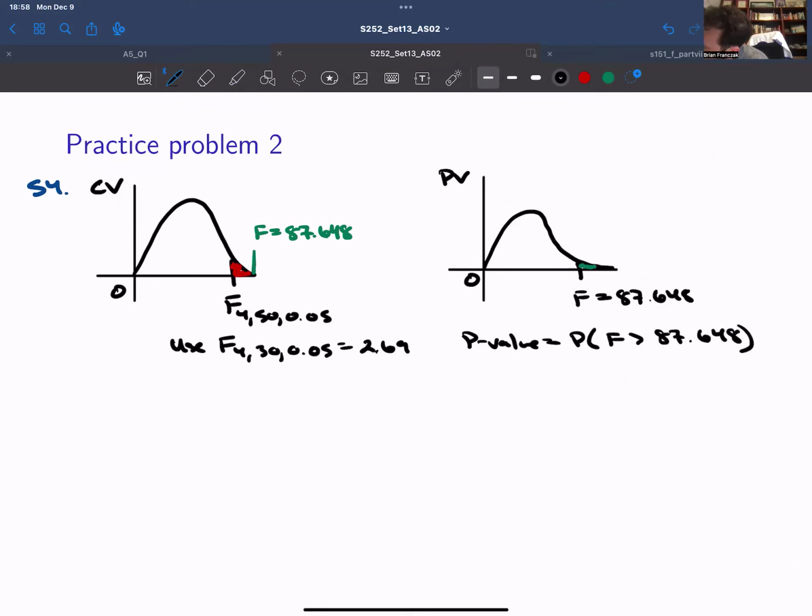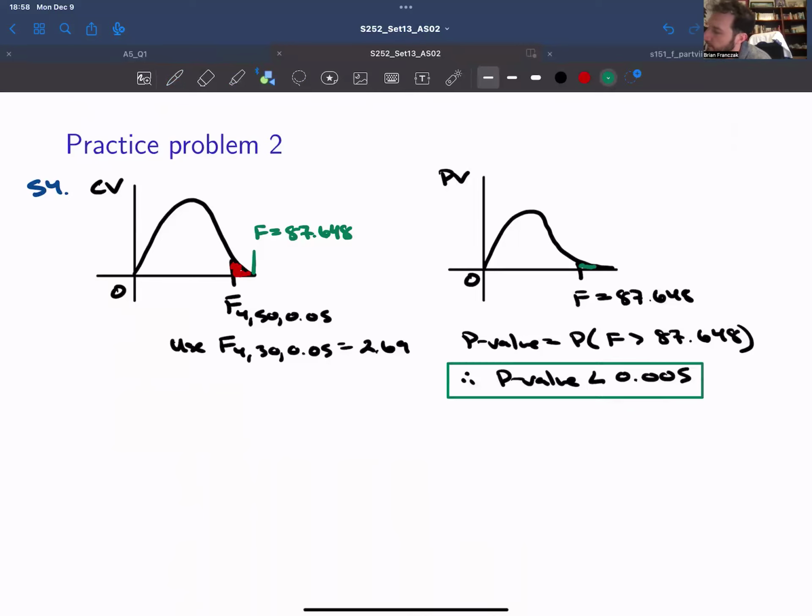Okay, and then we could say from the table, I'll go back and show this in a second, but given the size of this, we're only going to be able to take the smallest option. Okay, so our p-value is going to be less than 0.005.